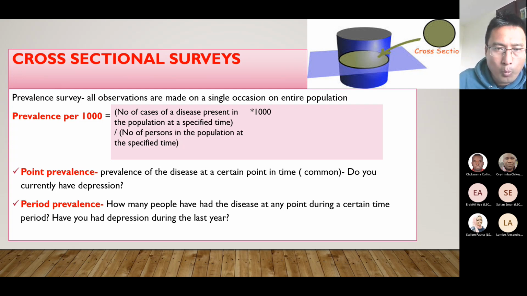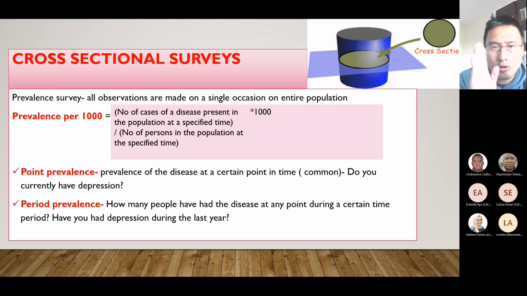If you are talking about point prevalence, it needs to be at that point of time. For example, if I ask you, do you currently have depression around 23rd of September around 4 p.m.? That is more like a point. If you're looking for a period, it might be like, have you had depression during the last year?